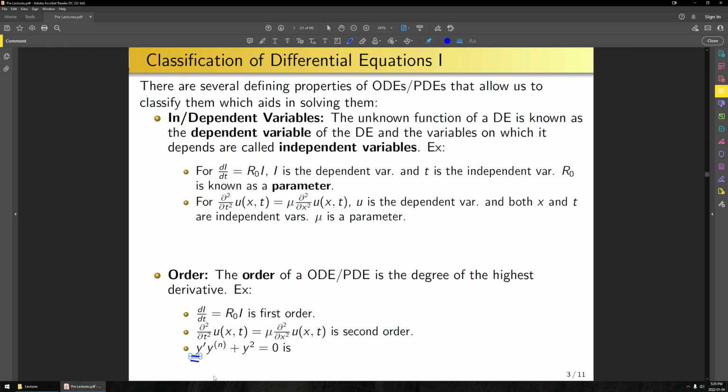And if n is greater than 0, then it will simply be this term here, or if it's 1, it doesn't matter which one you pick. So this will be nth order if n is greater than 0, and it's going to be first order if n is equal to 0. Okay, so that's how we classify ODEs or PDEs based off their order.